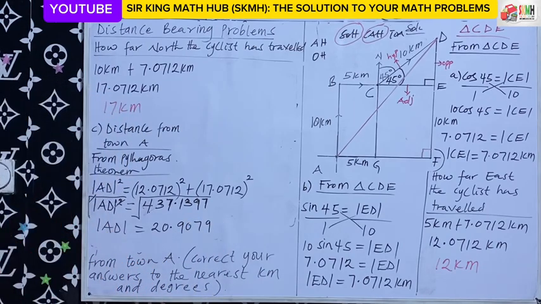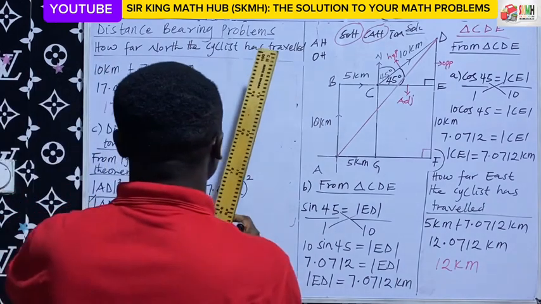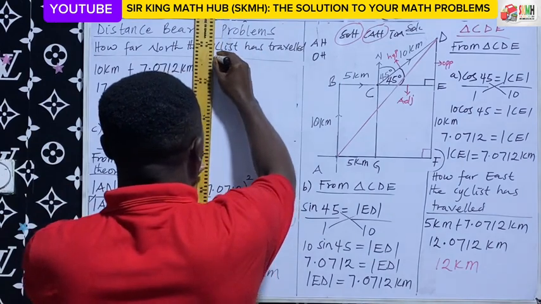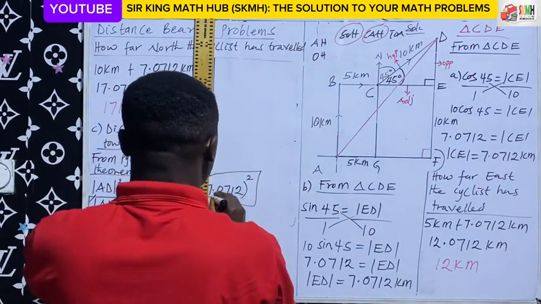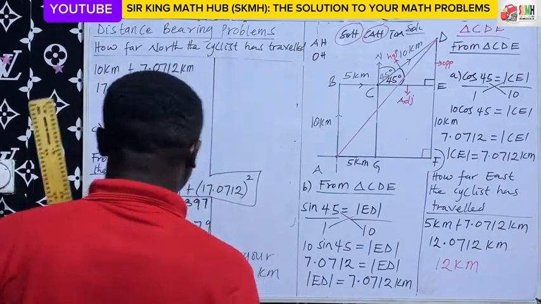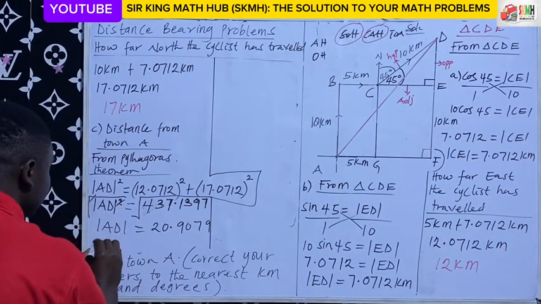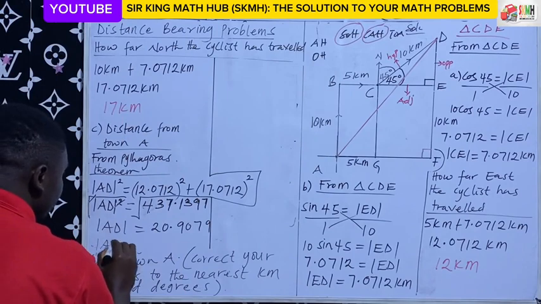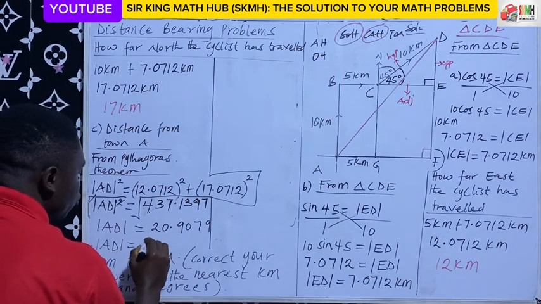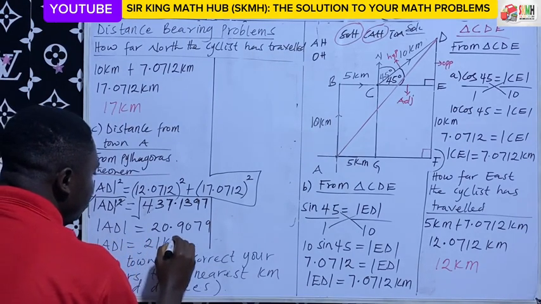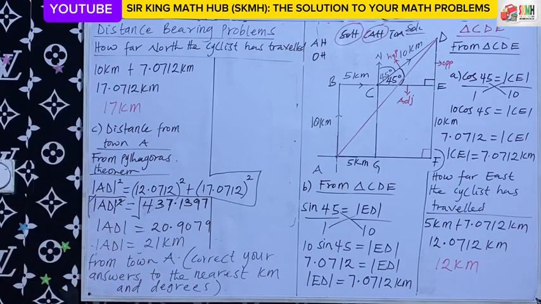To the nearest kilometer, that should give us 21 kilometers.